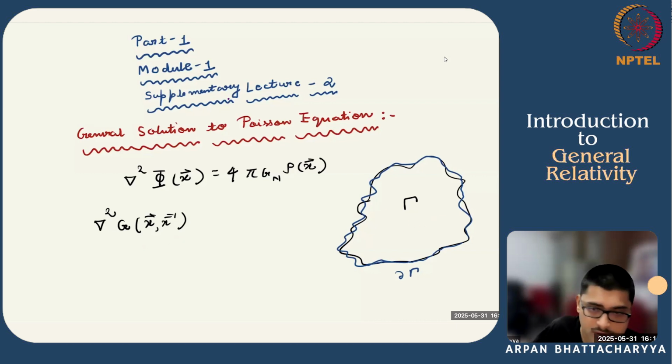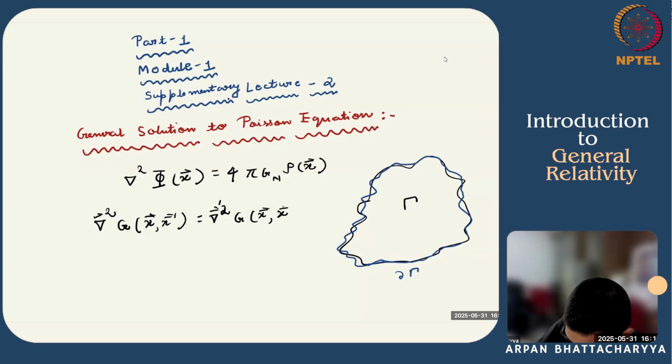We pick any two points and denote them by x and x prime. del squared G of x and x prime is equal to minus 4 pi times the 3-dimensional Dirac delta.